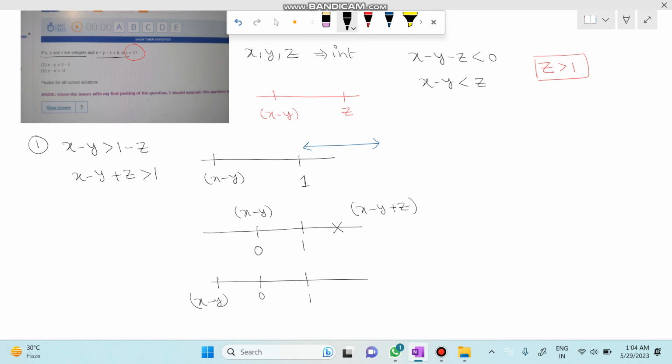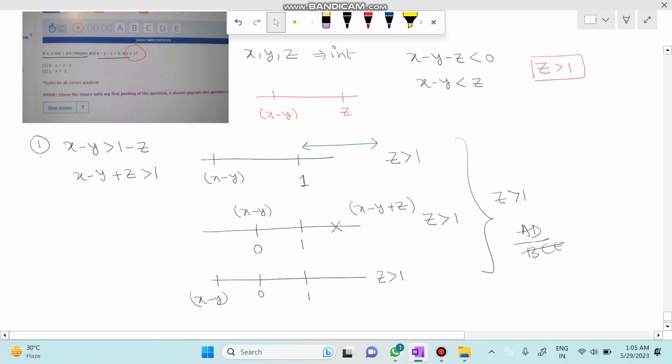Not only greater, it is much greater, in terms of compensating the entire negativeness of x minus y and moving the value towards the right of 1, right? In this case as well, z is greater than 1. So in all of these three scenarios, z is greater than 1, which means statement 1 is sufficient. We can strike off B, C, and E.